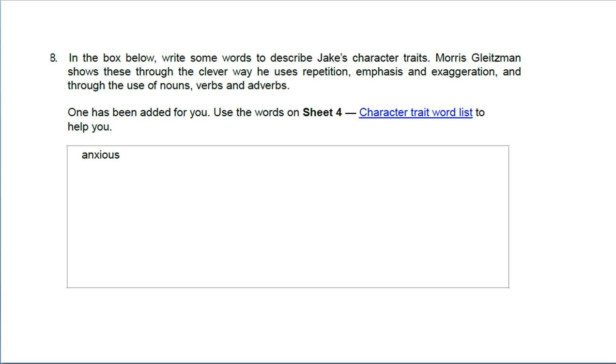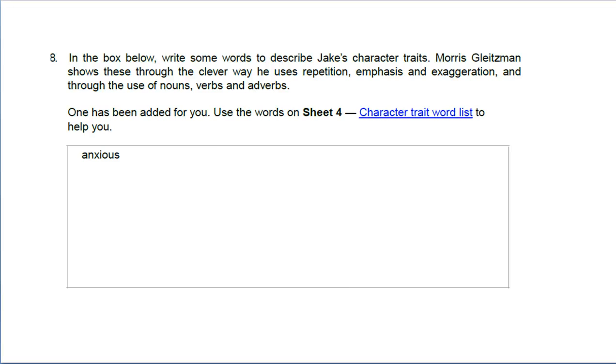There are other character traits that you might not relate to, and they're usually the character traits of the antagonist or the person against the main hero of the story. So Morris Gleitzman shows these through clever ways. He uses repetition, he uses emphasis and exaggeration with nouns and verbs and adverbs, for you to pick up on the character traits of Jake and other characters in the story.